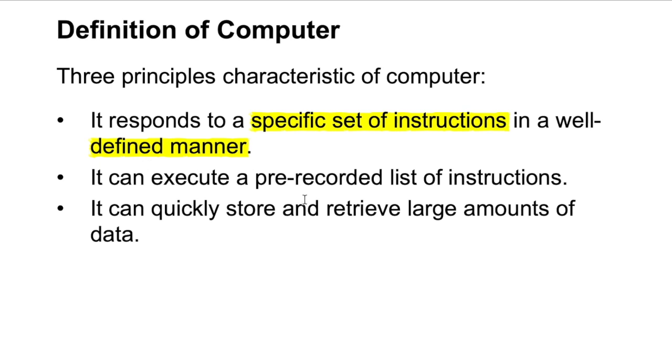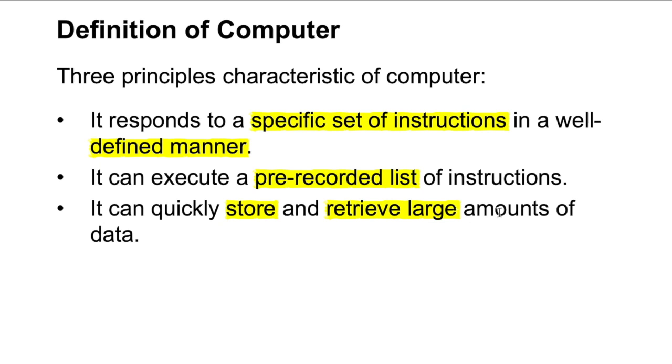Second, it can execute a pre-recorded list of instructions. We can use a pre-recorded list, or we can create a new list of instructions for the computer every time. Third, it can store and retrieve large amounts of data. This is another utility of modern computers. We are all familiar with computers and mobile phones.